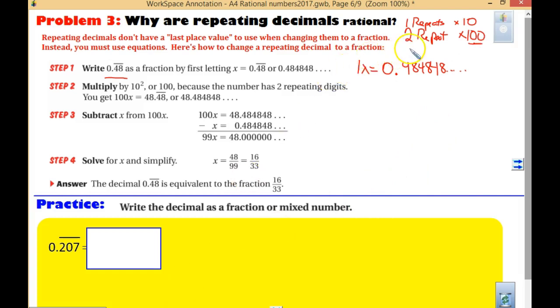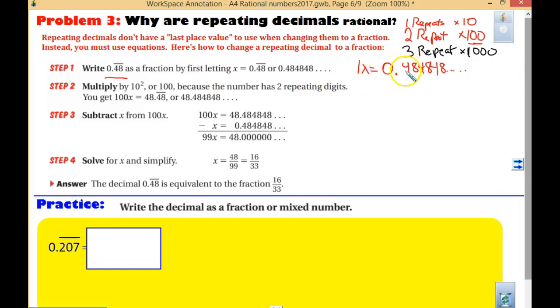And 3 is the most that we're going to have. We do it in this next example going down. You can see the 2, 0, and 7 repeat. 3 that repeat, we're going to multiply by 1,000.